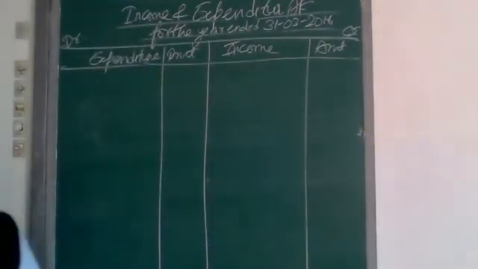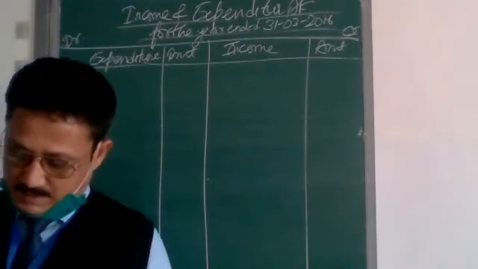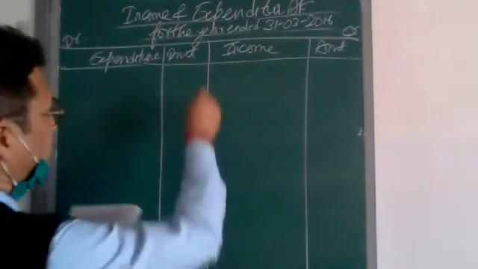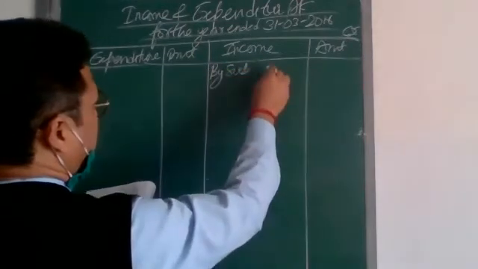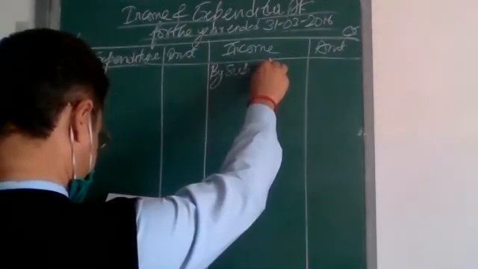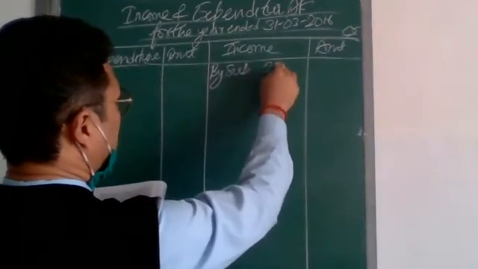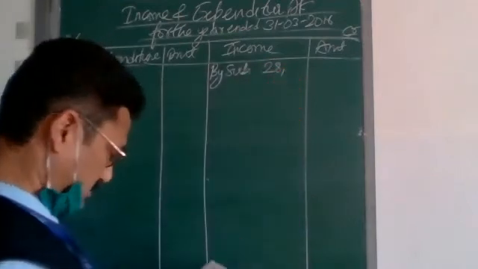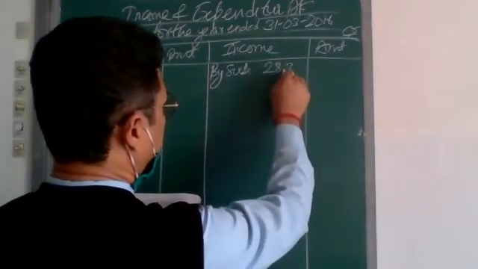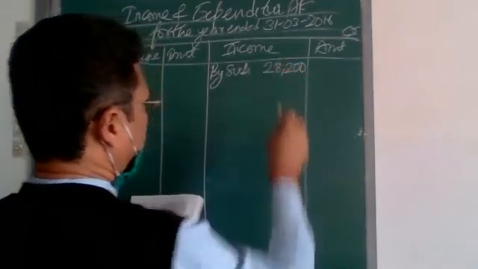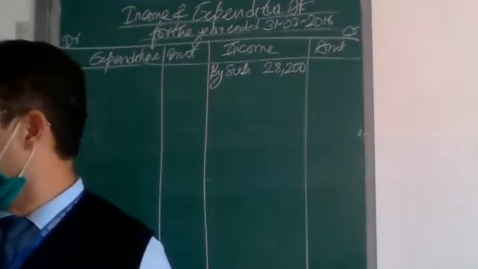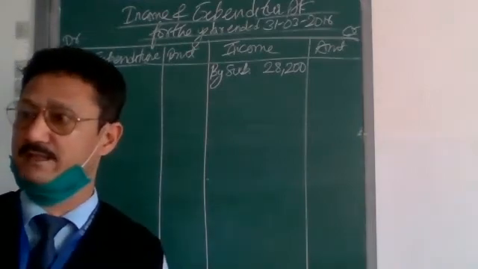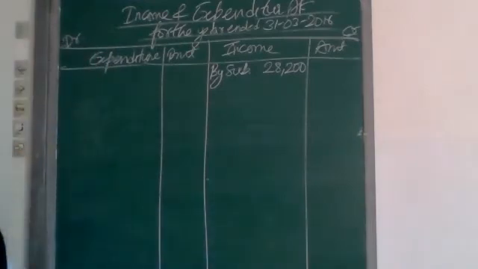We start with the subscription, very important. By subscription 28,200. 28,200 is the total subscription received during the year. Now we have to make the adjustments.